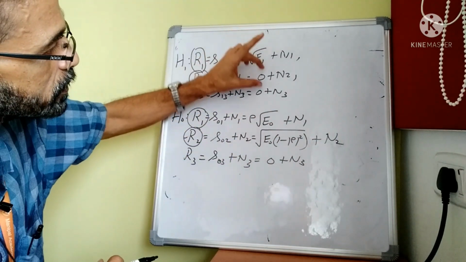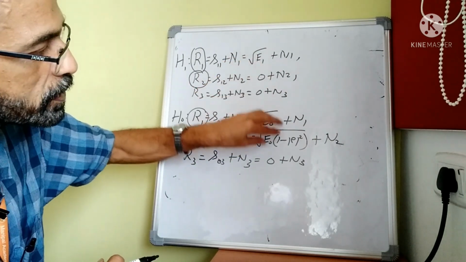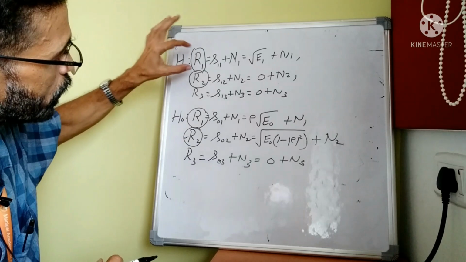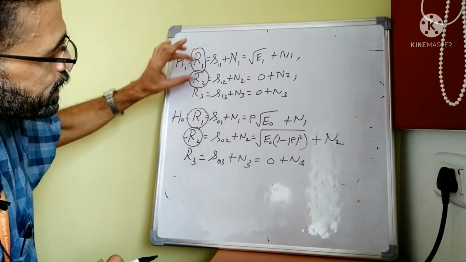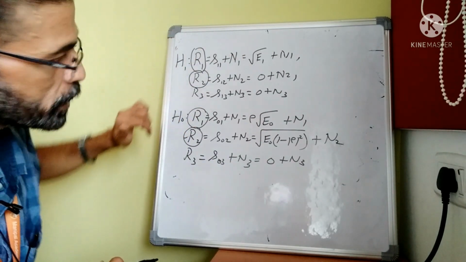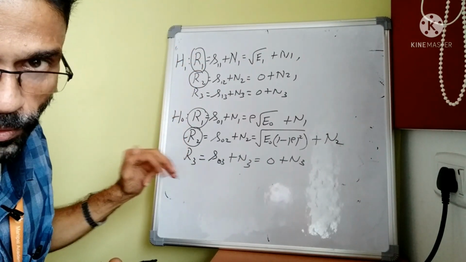So you can see that the information on which of the two hypotheses is true is hidden in R2 as well as R1. So R1 and R2 are the ones that we really require to arrive at a decision as to whether H1 or H0 is the true hypothesis, or equivalently whether S1 of t or S0 of t was the true signal.